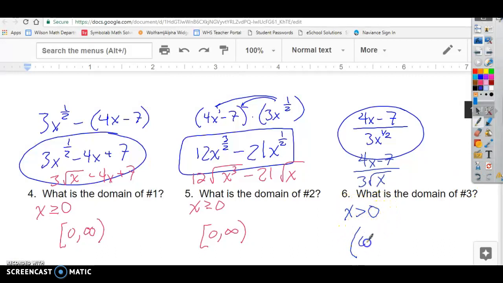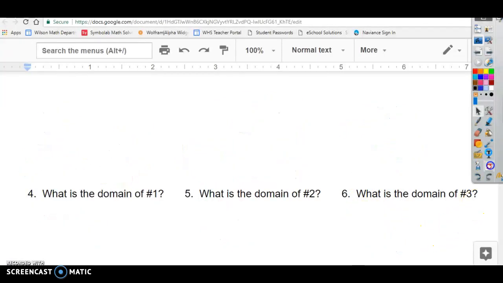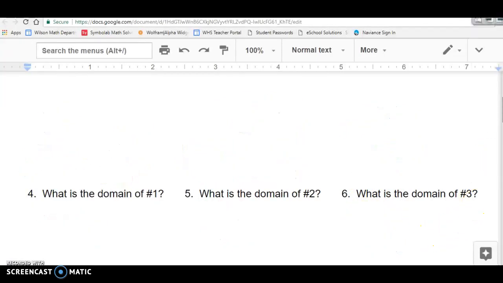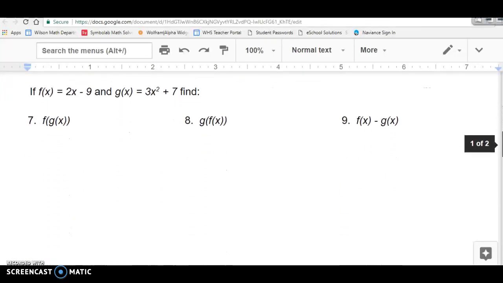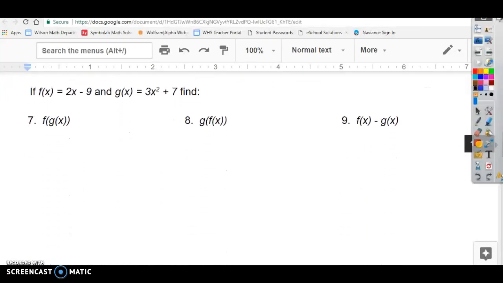So in this case, we'll say everything between 0 and positive infinity, but 0 does not count. Alright? So that's kind of the trick one. Make sure that if the square root's on the bottom, it's still the same thing, it's just we can't have 0 in here. So that's why we don't have it equal to.